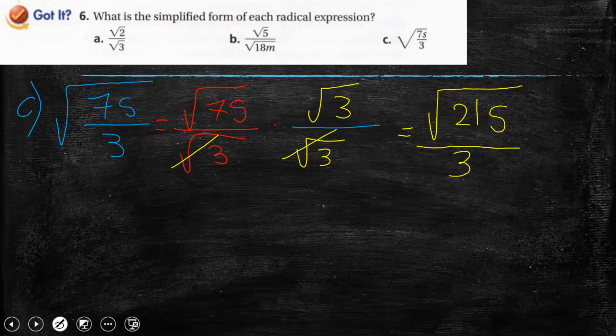Yes, because it is a pair of two prime numbers, 7 and 3, so I have to stop here. So the final answer is square root of 21s over 3.